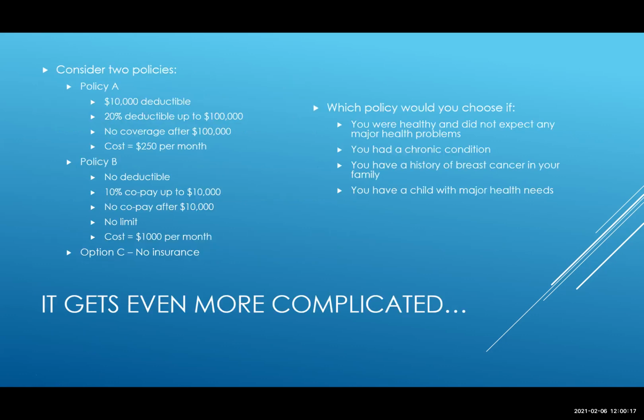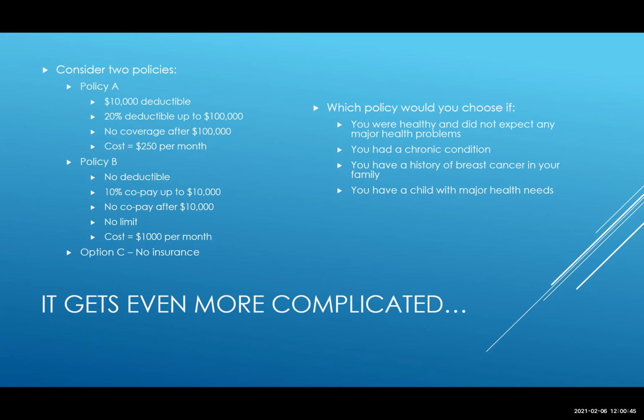Okay, so if you consider 2 policies, policy A has a $10,000 deductible, 20% copay up to $100,000, no coverage after $100,000, and there are plans like this, but it's only costing $250 per month.